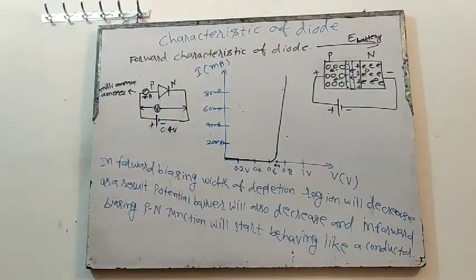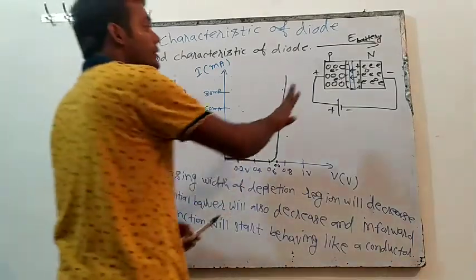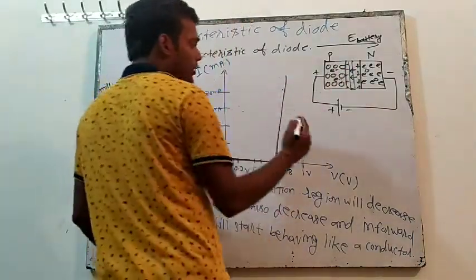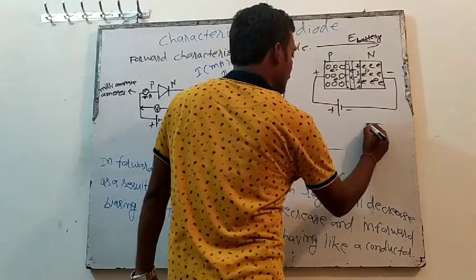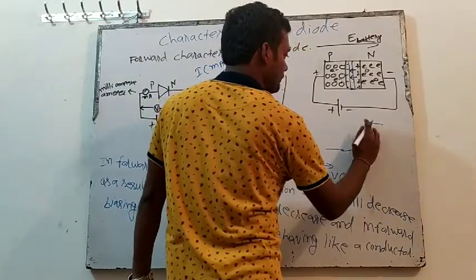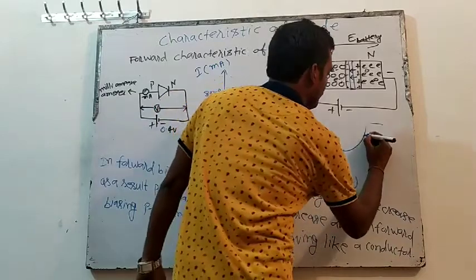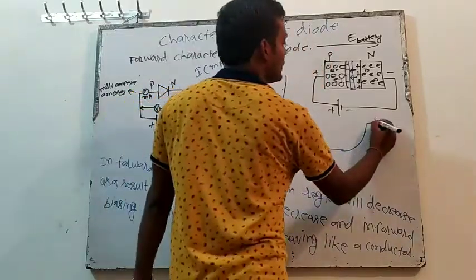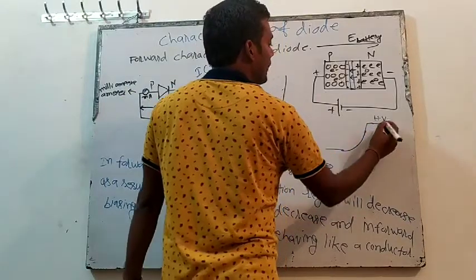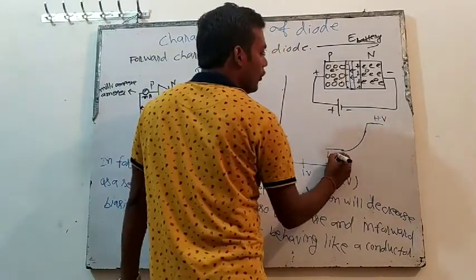See what will happen? Since this is forward biasing, the width of the depletion region will decrease. Now try to understand. Initially when the width was more, this was higher potential, higher voltage, and this was lower voltage.